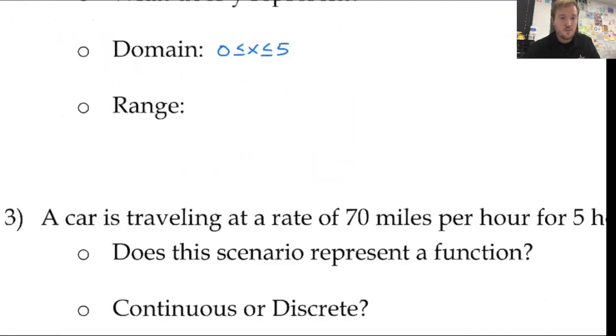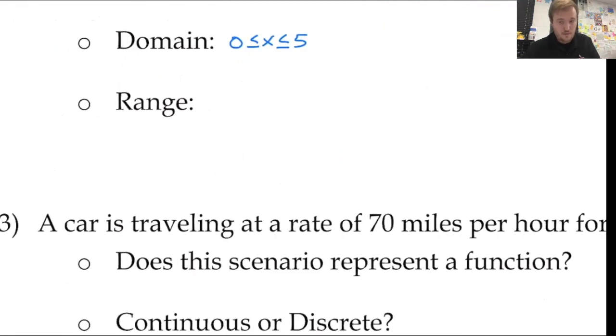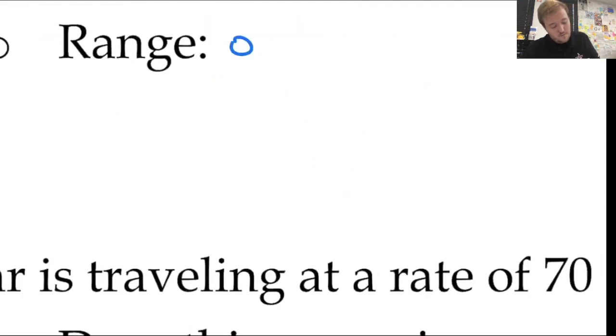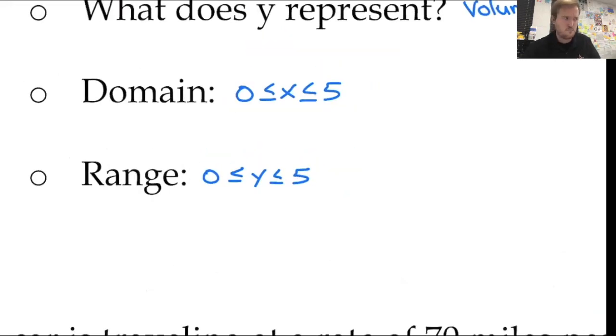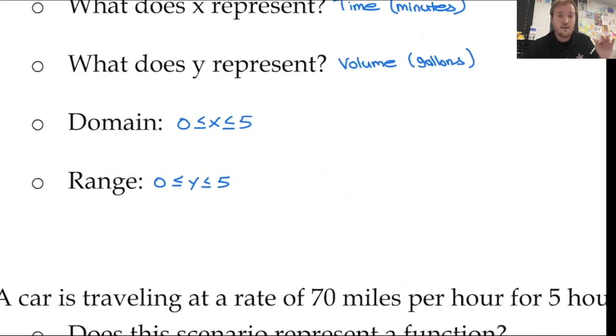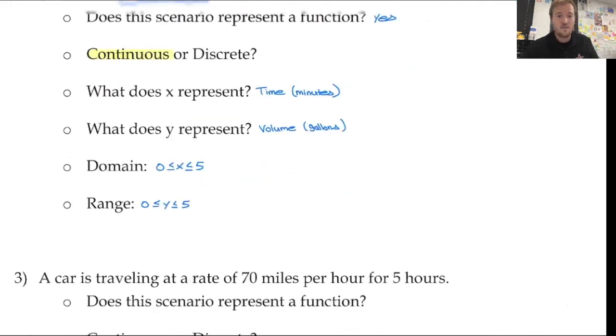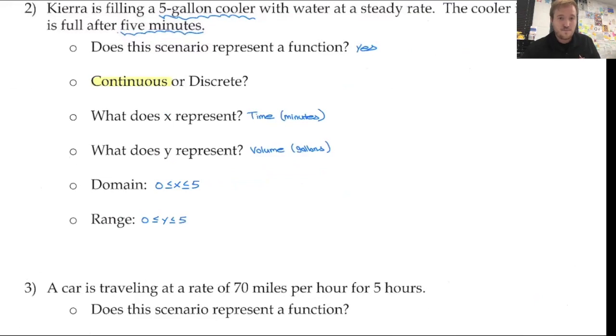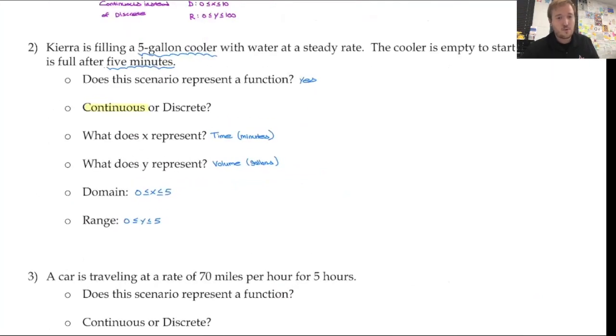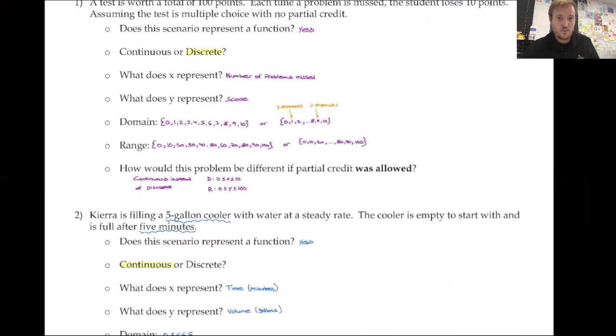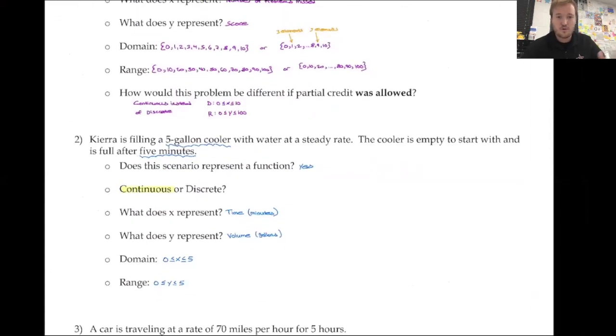Whenever you start filling it, it would be empty, which means you're going to start with a volume of 0, and it has a maximum volume of 5 gallons. A lot of these problems with domain and range actually give you all the information you need. You just have to represent it in what they're asking.